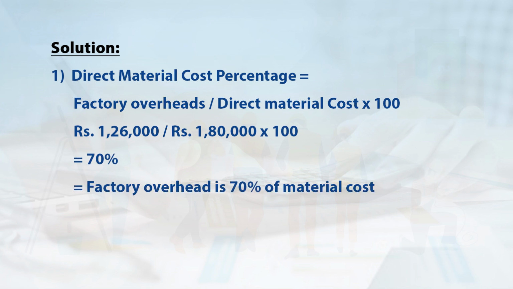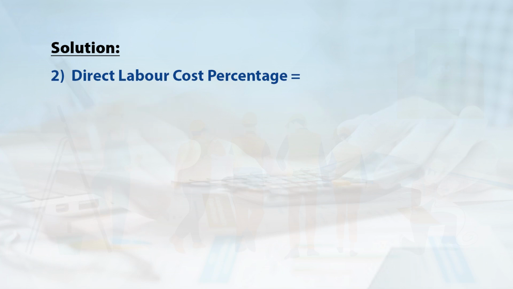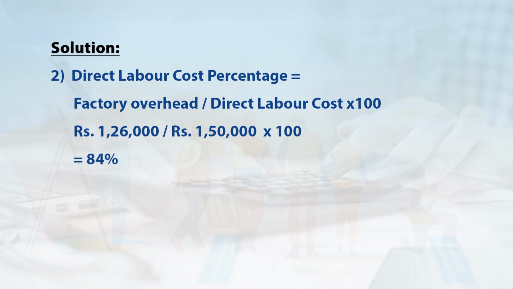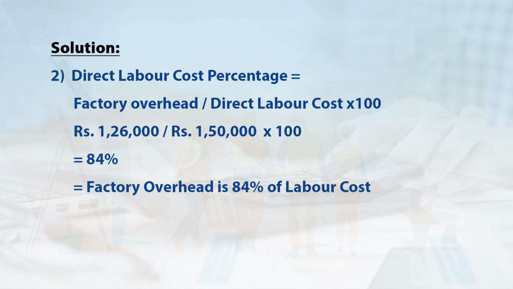Therefore, factory overhead is 70% of material cost. Next, we will calculate direct labor cost percentage. Formula is factory overhead divided by direct labor cost into 100. Factory overhead given is rupees 1,26,000. Direct labor cost is rupees 1,50,000 into 100, which equals 84%. It means factory overhead is 84% of direct labor.